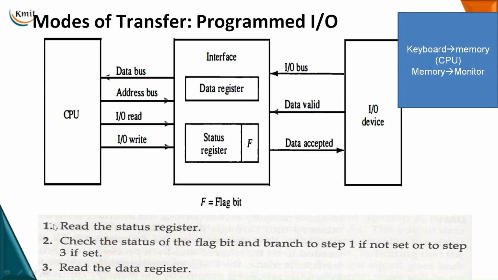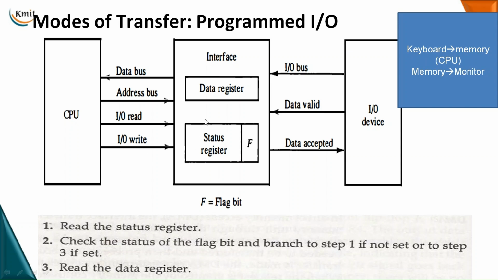So there are three tasks that have to be done by this. The CPU will read the status register and check the status of the flag bit. If the status register flag is not set, if it is 0, it indicates that there is no information. So it again branches to step 1.